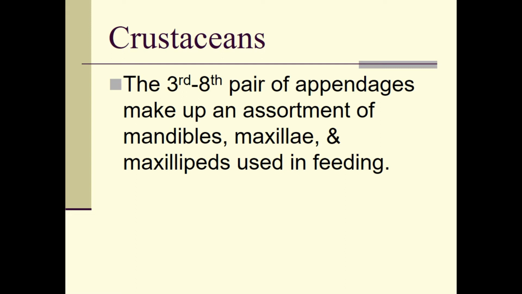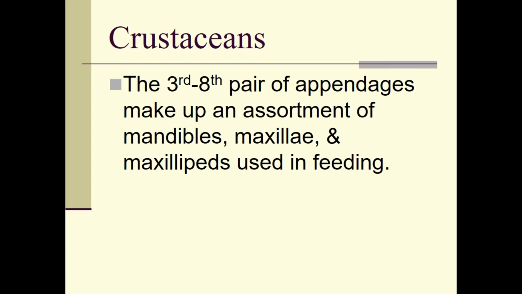The 3rd through 8th pair of appendages make up an assortment of mandibles, maxillae, and maxillipeds used in feeding. This is where, during the dissection, we would look at all of the different tiny little arms, little appendages that are around the mouth.